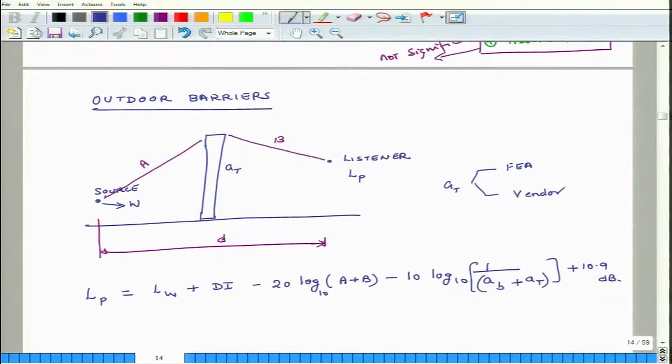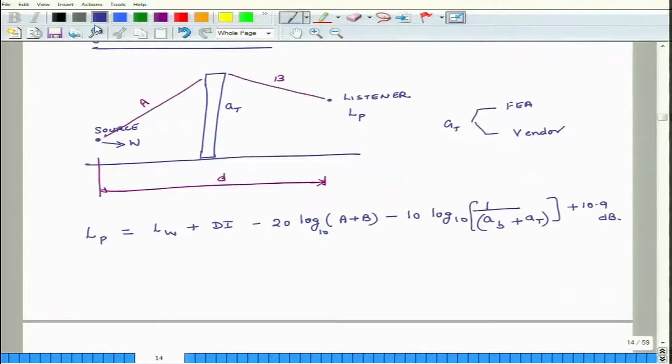And I will explain what is AB. So, this term AT accounts for how much sound is getting transmitted through the barrier. If AT is large, then LP will be large and vice versa. So, we want AT to be as small as possible.